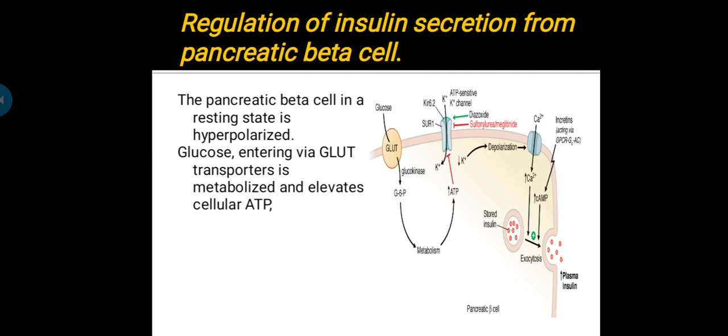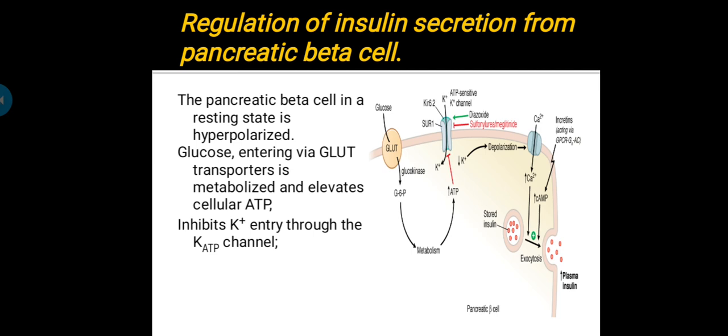So glucose enters by a transporter called GLUT. There are different types of GLUT depending on the different tissues, but basically, when glucose is transported inside the cell, it is converted into glucose 6-phosphate by the glucokinase enzyme, and after that there is metabolism via glycolysis and the Krebs cycle, and there is generation of ATP.